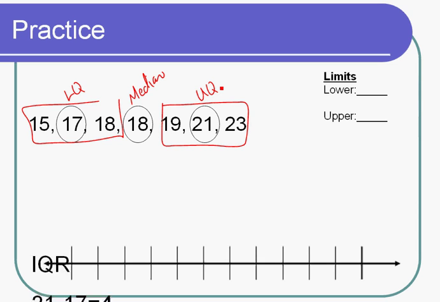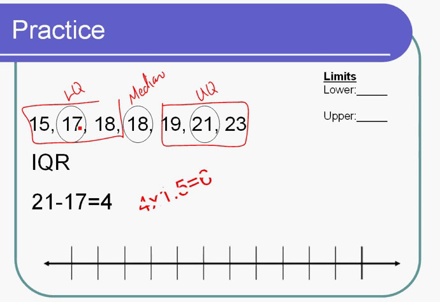To find the interquartile range, I take the upper quartile minus the lower quartile. And then I'm going to multiply this number, the interquartile range, by 1.5, and that gives me 6.